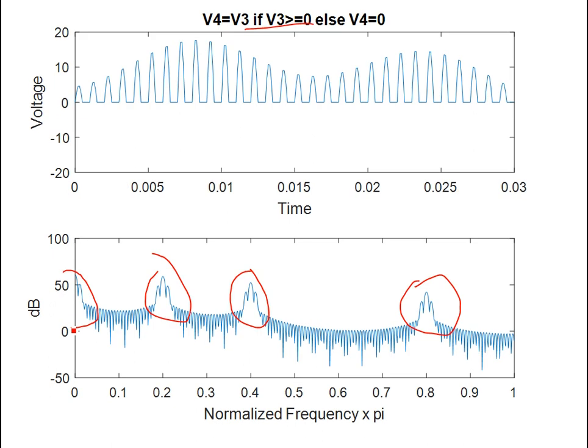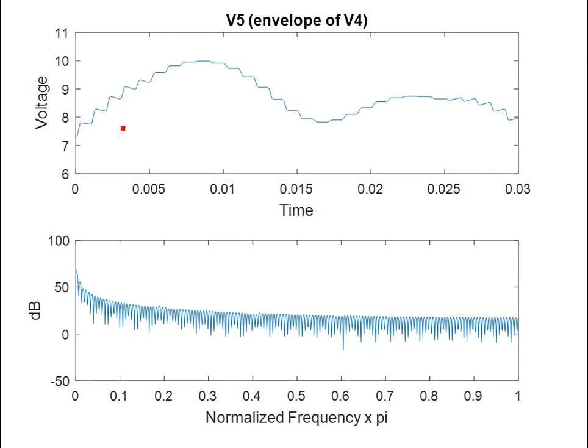If you low pass filter it, after an RC low pass filter, or in MATLAB, what I did is averaging. I used a moving average filter to recover the envelope, just like in the envelope detector, where you have an analog RC. The capacitor charges and discharges, and you can set a very high decay time constant so it decays slowly.